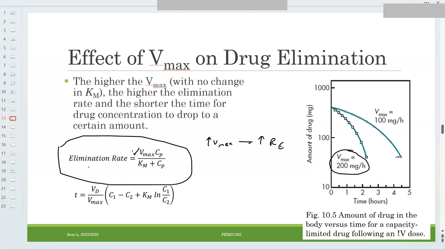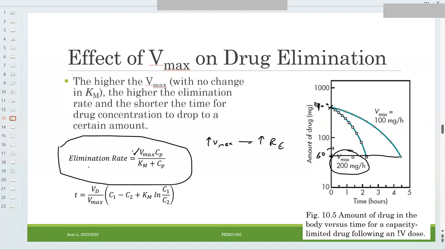So this is the same amount. The starting amount was the same, say for example 400 milligram. And then say this one is, for example, 60 milligram.